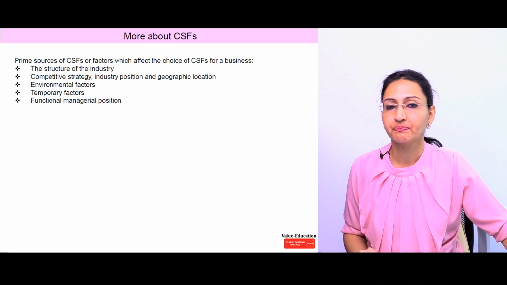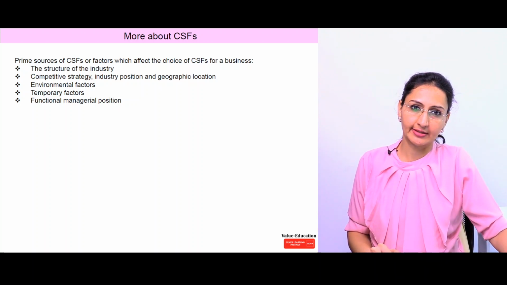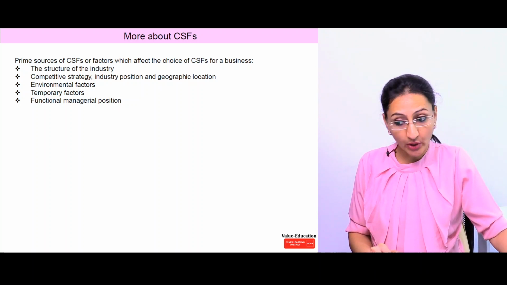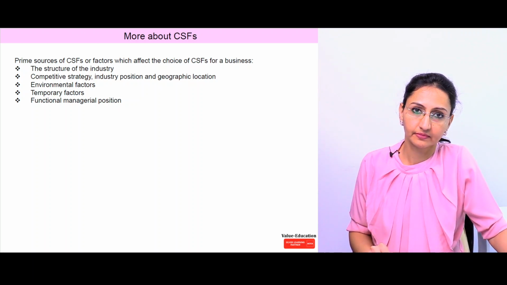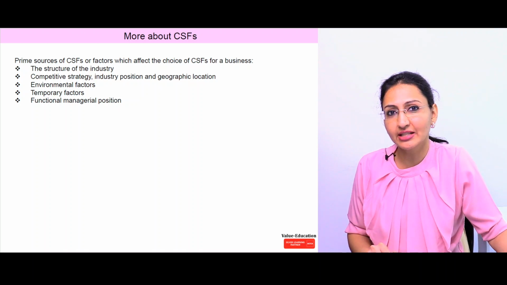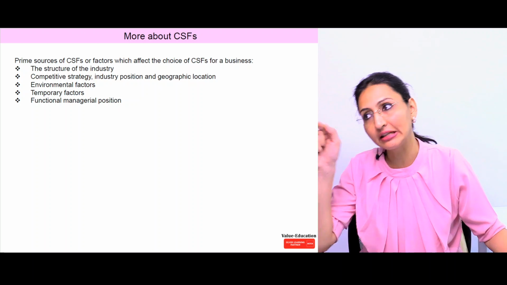For example, your geographic location will impact your critical success factors. If you have to deliver something in a very sensitive area, then your critical success factor will not be quality, it will not be hygiene, it will be delivering on time.